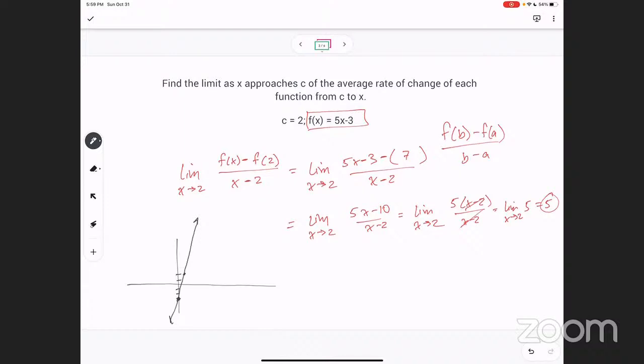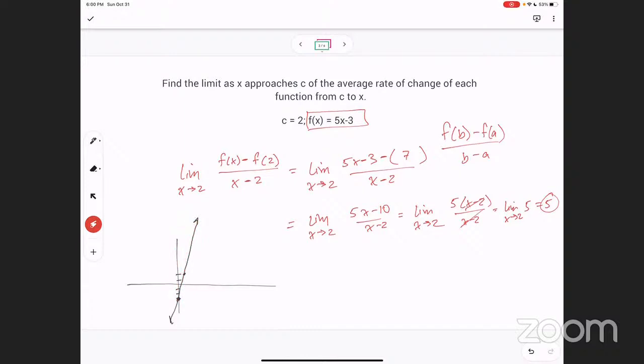What's always the average rate of change for a line? Does it matter where you start and where you finish? No, the average rate of change is always just going to be the slope, which is 5. It doesn't matter where I started and ended.